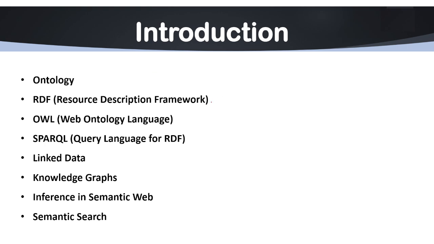Next, we have Resource Description Framework, RDF. RDF is simply a data model for representing information in triples. Triples here means the first is the subject, second is the predicate, third is the object, right?